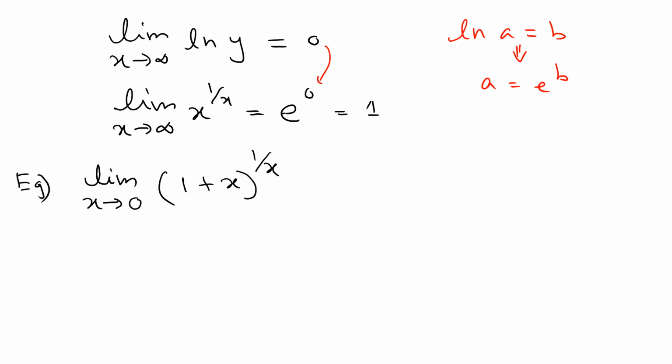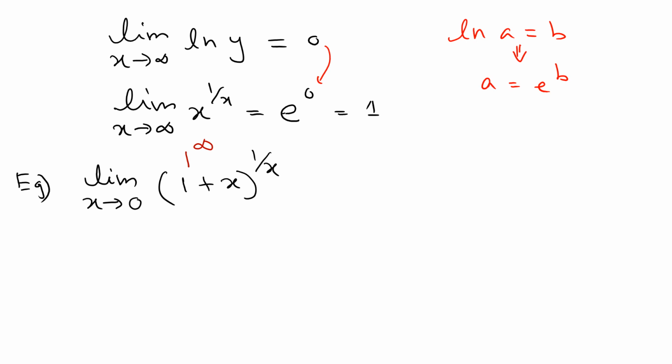When x goes to 0, 1 plus x goes to 1, and 1 over x goes to infinity. So 1 to the infinity is another indeterminate form.